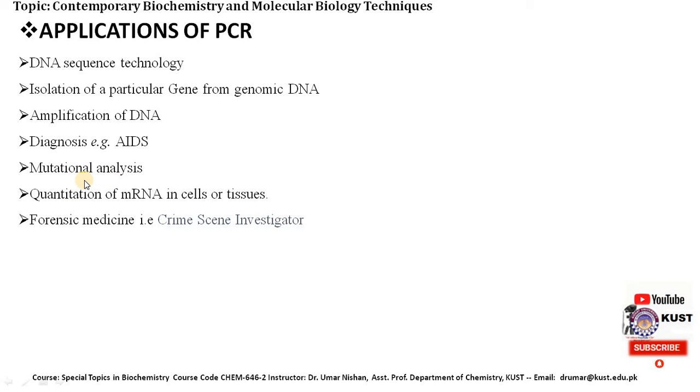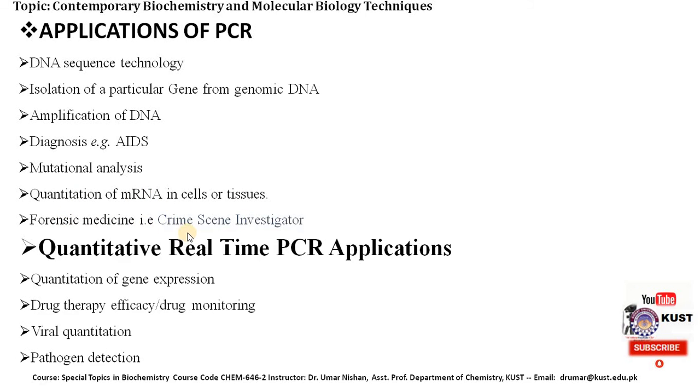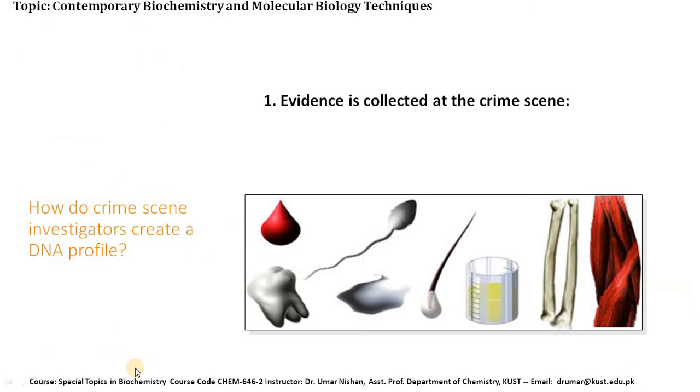And quantitation of messenger RNA in cells or tissues can be done. Forensic medicine, like crime scene investigation, can be done. And quantitative real-time PCR tells about quantitation of gene expression, drug therapy efficacy, and drug monitoring, viral quantitation, pathogen detection. These are the different purposes.